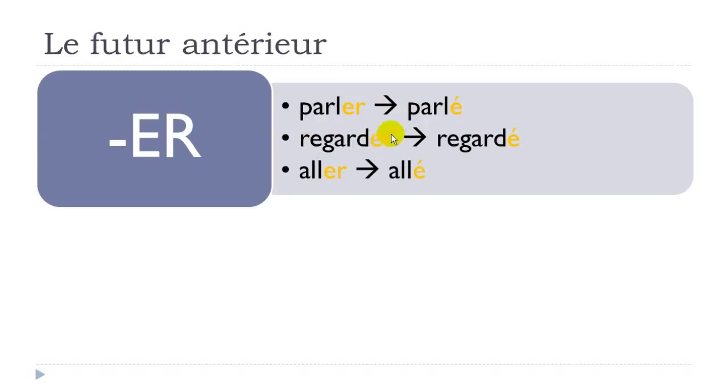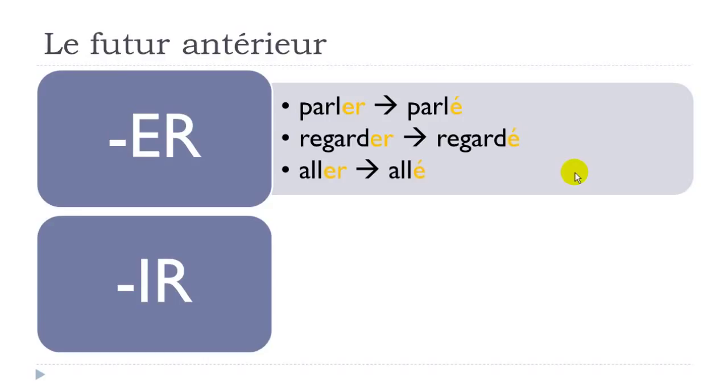Regarder, ending with ER here, regardé, accent aigu, okay, and even this aller verb, so it doesn't belong to the first group because it's quite tricky when you come to conjugate it, but even this one is quite easy for this participe passé form because it's accent aigu like that, okay, so all these verbs from the first group will become parlé, regardé, allé, so like that for the participe passé form, okay?